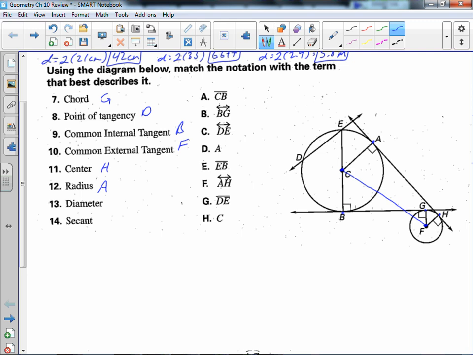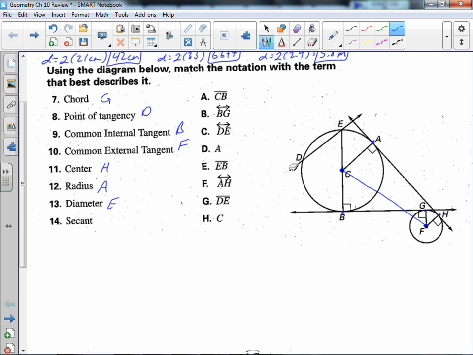Diameter is going to be a chord that goes through the center of the circle. And so we only have one of those, that's EB, that goes through point C and has endpoints on the circle. So that's EB. And then a secant is going to be a line that intersects the circle in two places.